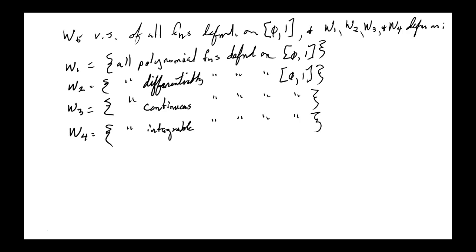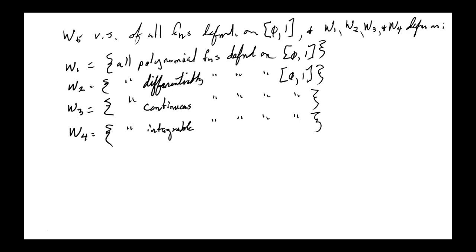But all they're asking for here, and we've said that they're all subsets, is that Wi is a subspace of Wj for every i less than or equal to j.